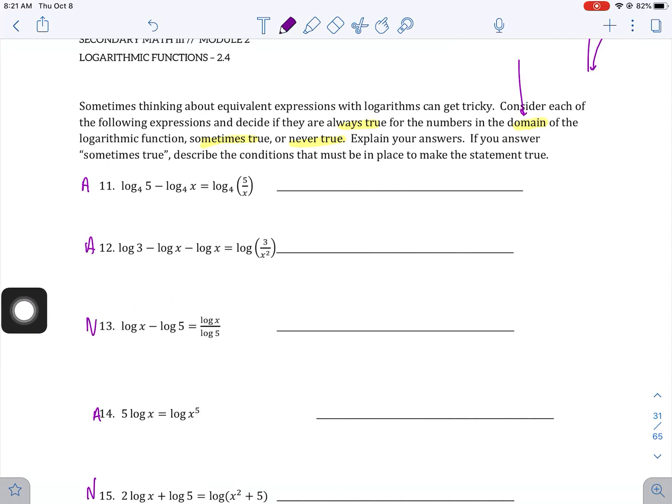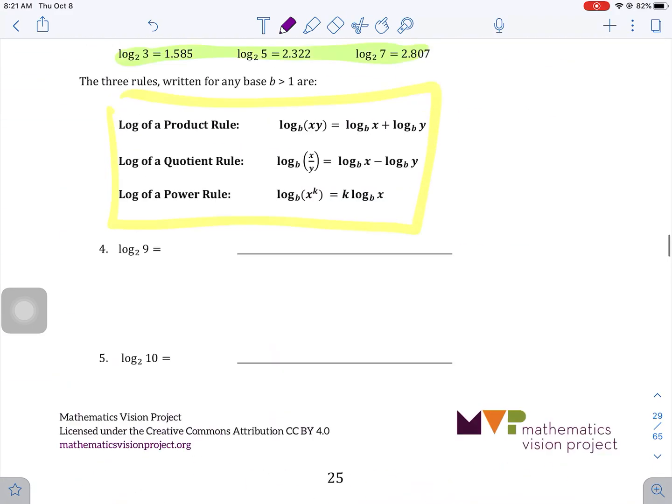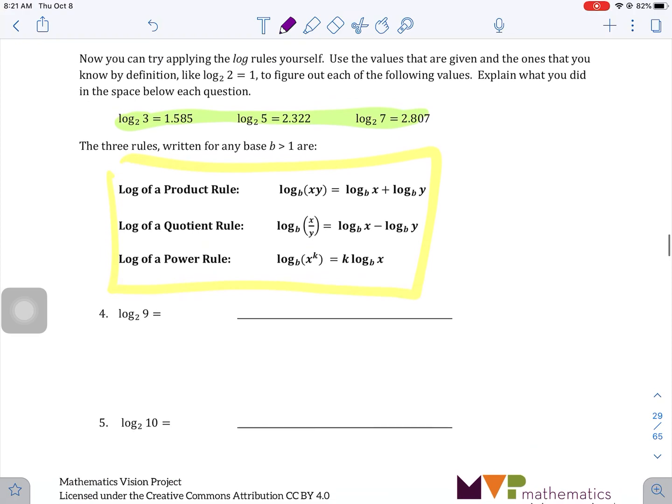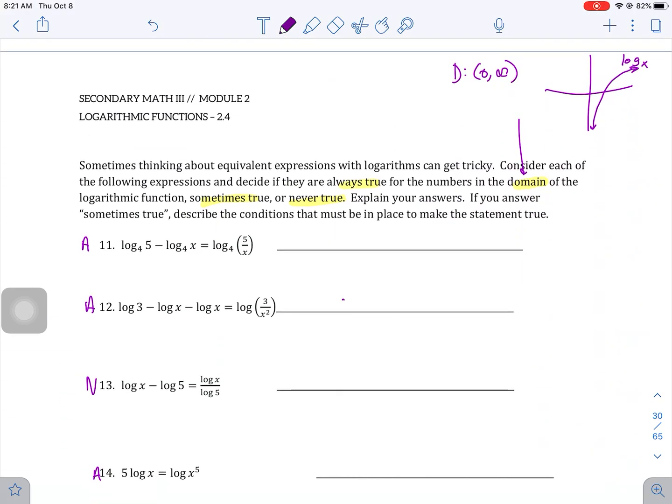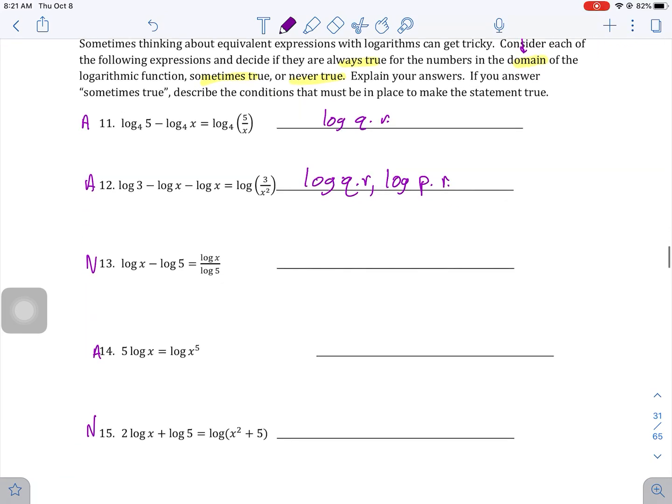and that is based on, when you look at properties, the log product rule, log quotient rule. This one is log quotient rule. This is log quotient rule and log product rule.